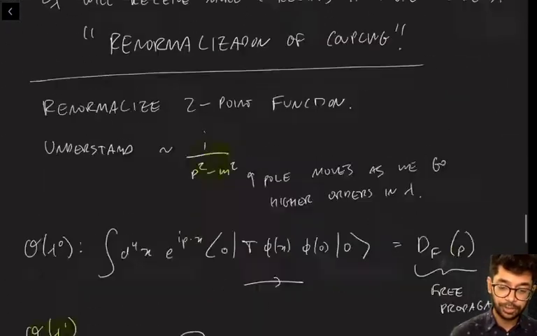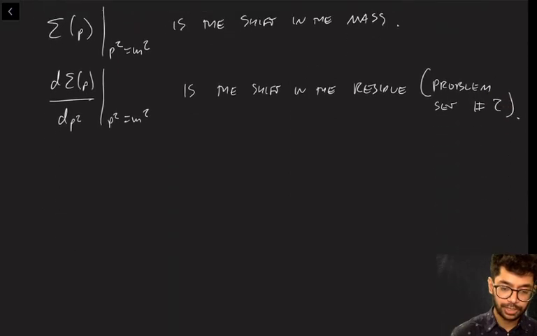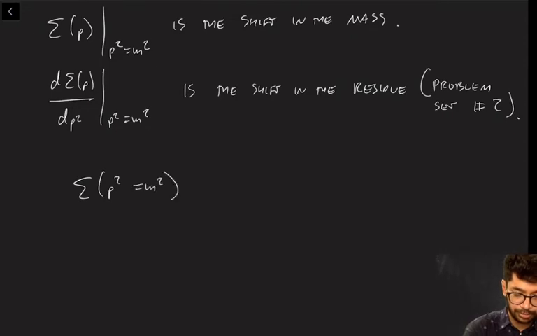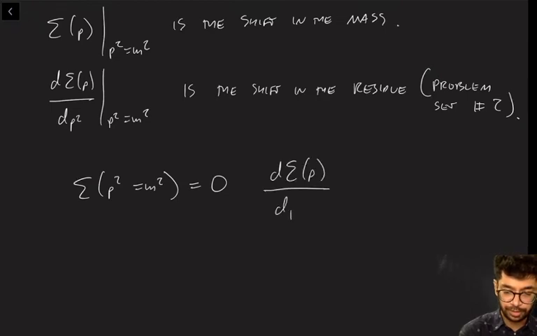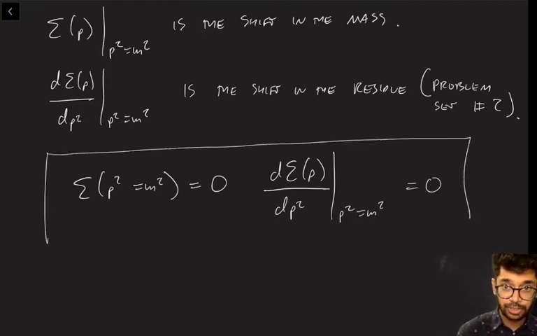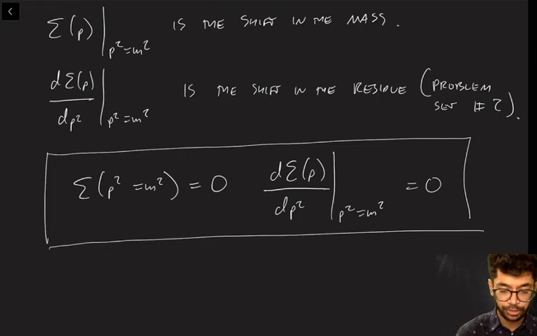And so in terms of Sigma, what that means is that we want Sigma at p squared equals m squared to equal 0, and also that d Sigma of p over dp squared at p squared equals m squared equals 0. So this is the renormalization condition written in terms of Sigma.